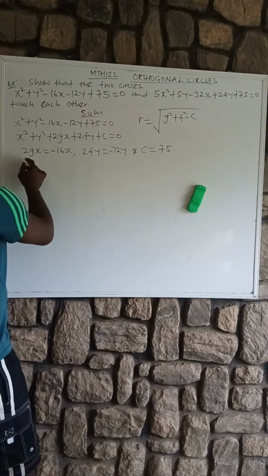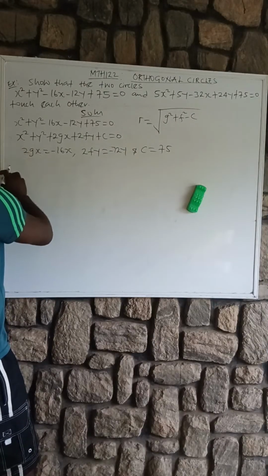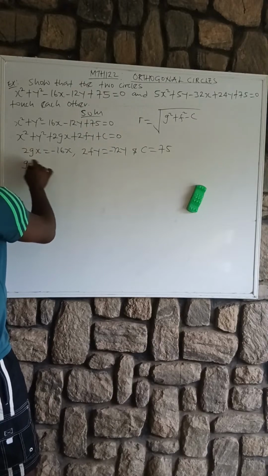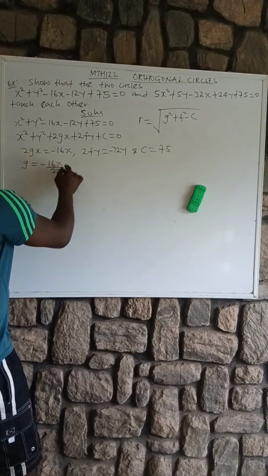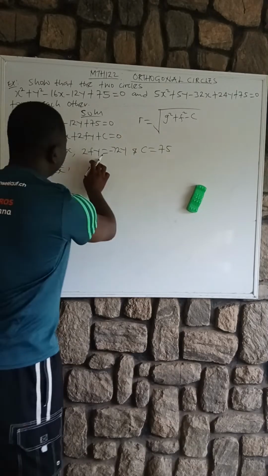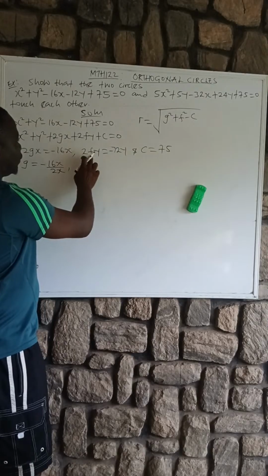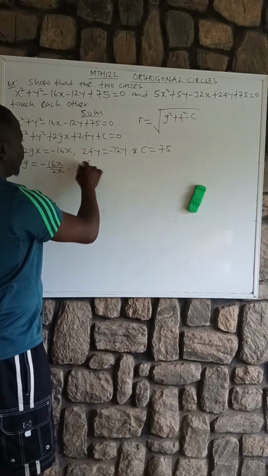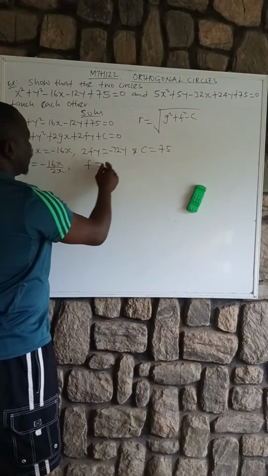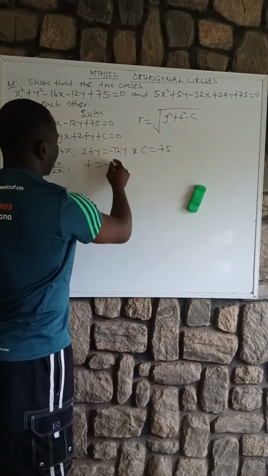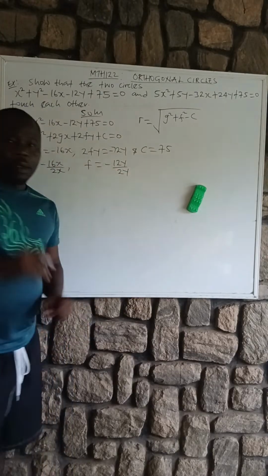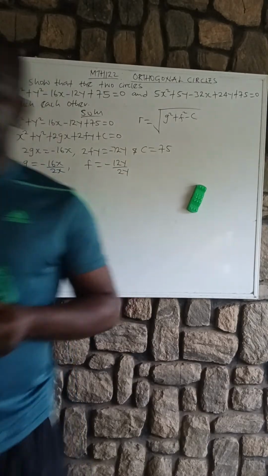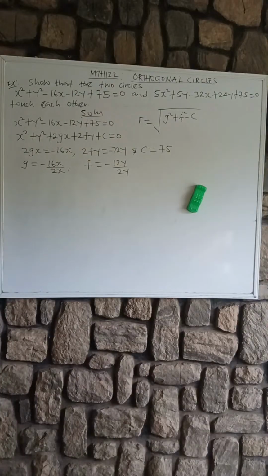To obtain g, we divide through by 2x, true or false? So g will be equals to minus 16x over 2x. The same applies to f: we divide through by 2y, so f will be equals to minus 12y over 2y. Do you understand? Are you following?